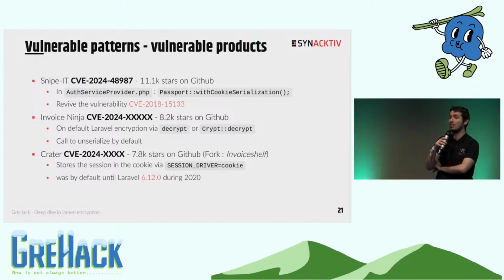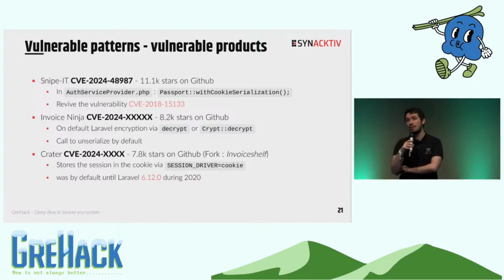Basically, they were still vulnerable to the vulnerability from 2018. The second project is Invoice Ninja, which had a pre-authenticated decrypt call, the same vulnerability we saw earlier. And the last one is Crater, and this one used to put your session inside your cookie directly.